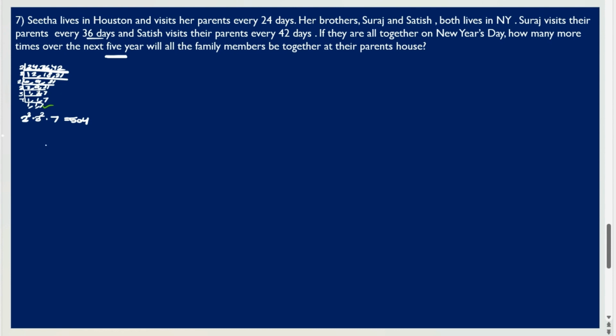Okay, so it's going to be 504 as the LCM. And then it said 5 years, so let's calculate how many days are in 5 years, right? So 1 year is 365, so we're just going to multiply.